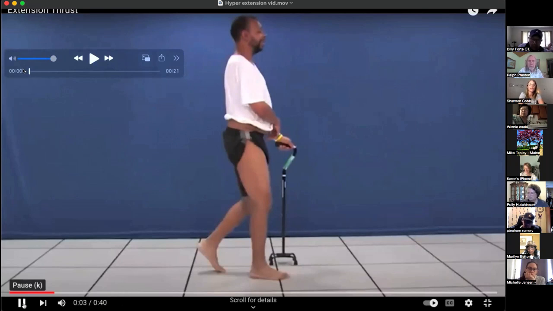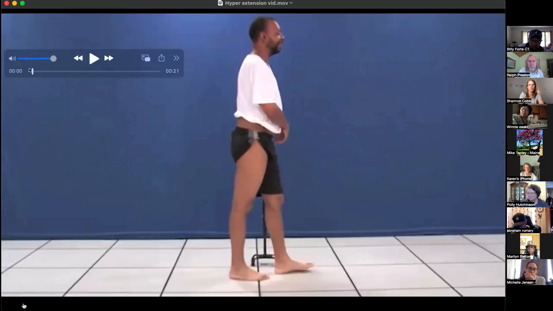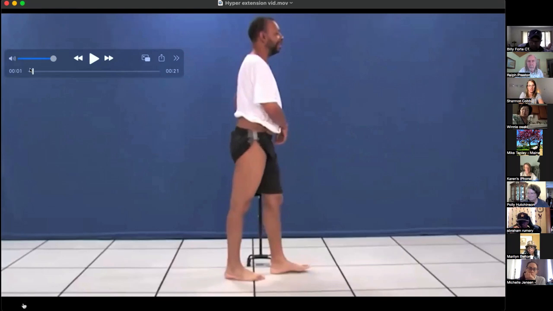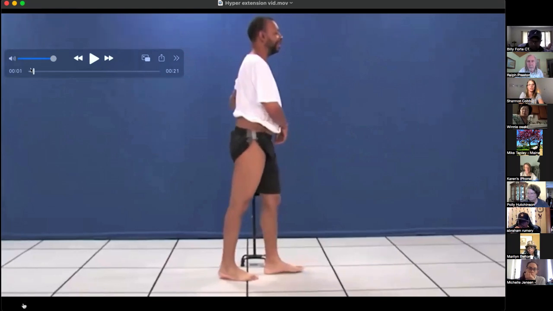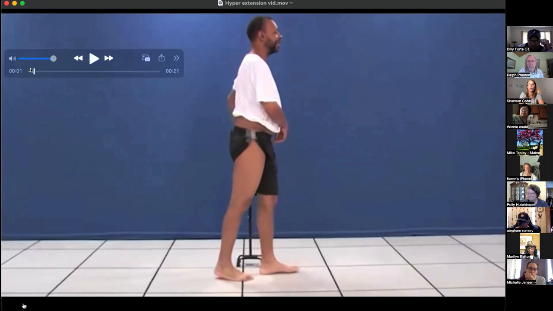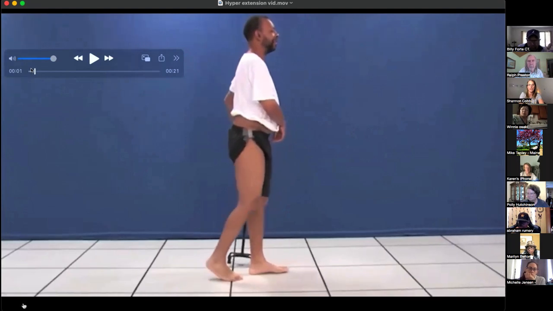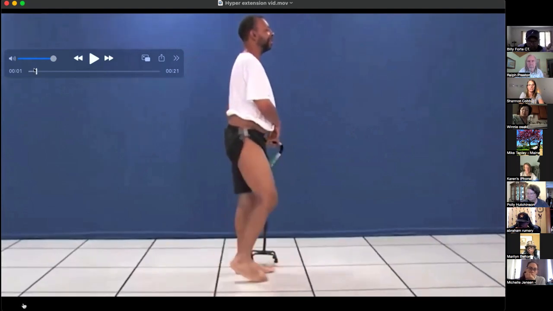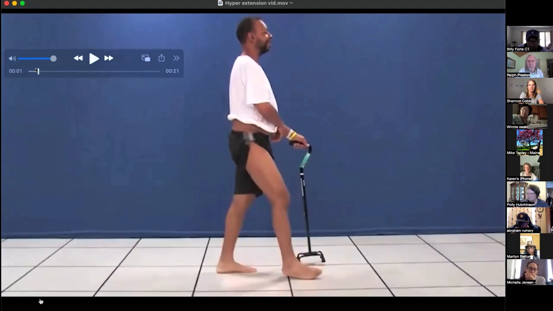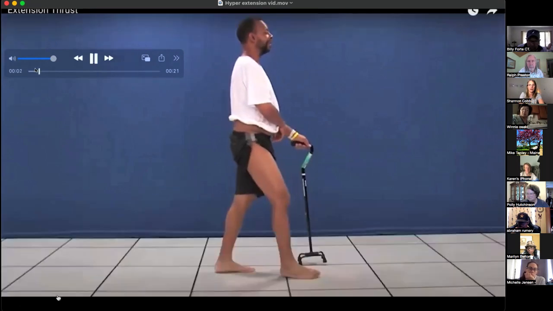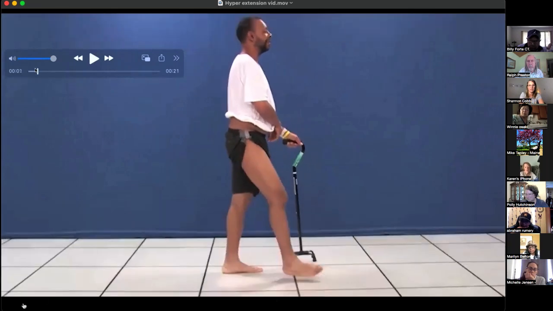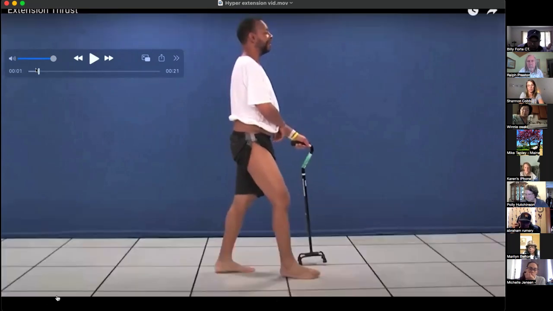If we look at the leg farthest from us, his less affected leg, as that leg comes forward, his foot hits the ground, he shifts onto it, and his lower leg moves forward over his foot. As he comes through with his other leg, right before it leaves the ground, you can see his ankle is bent up as he gets ready to make his step, and that knee is not hyperextending.